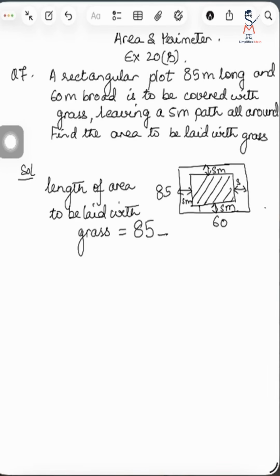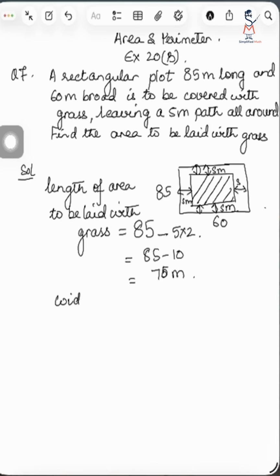I will remove 5 from this side and 5 from this side. That means 5 into 2 I will remove, 5 2 times. So this will become 85 minus 10, that is sorry, 75 meter. Fine.